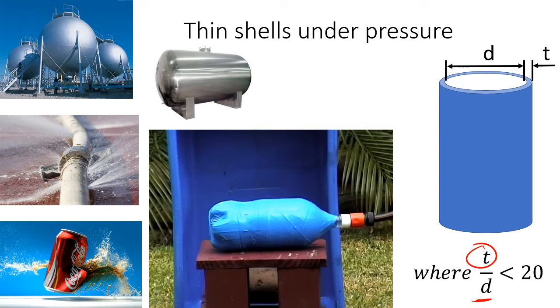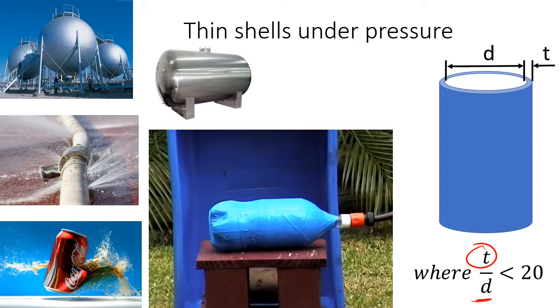And one of the assumptions we make for this is that the stress throughout the thickness is equal. So the stress on the inside of the cylinder is the same as on the outside of the cylinder. If we get ratios of less than 20, then we have to move on to thick-walled pressure vessel theory, where the stresses will be different on the inside and outside.